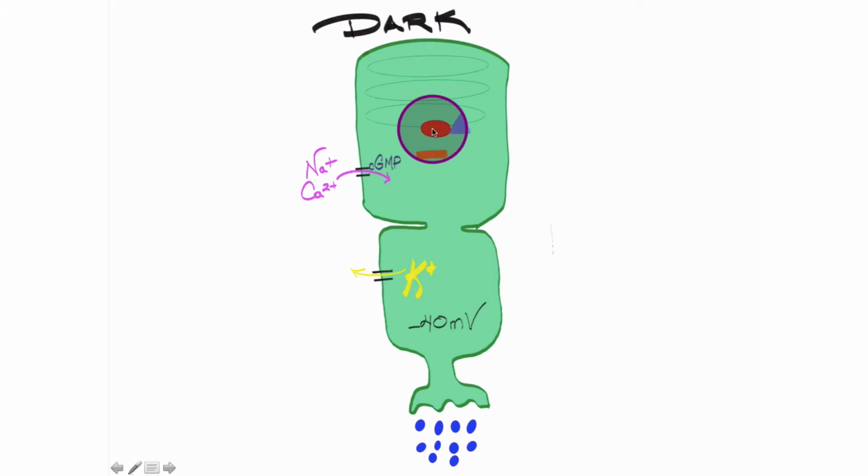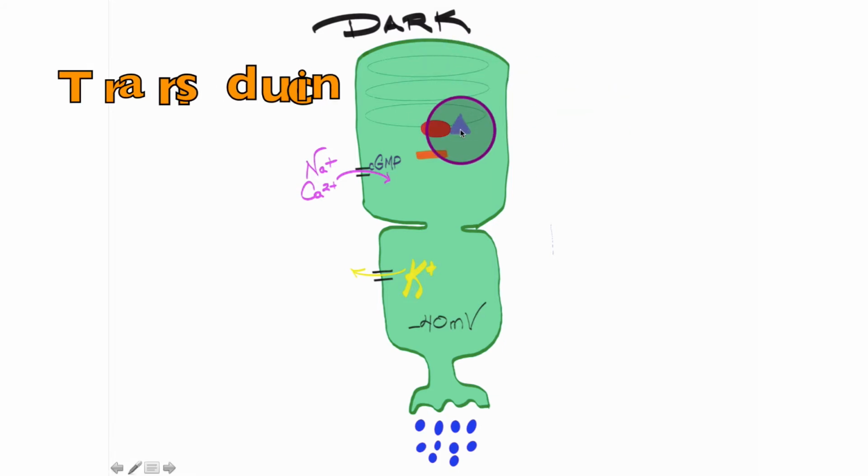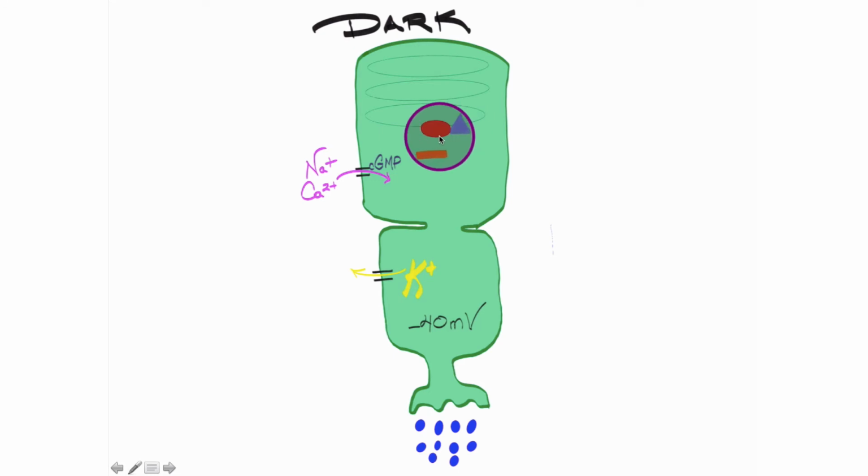Connected to that is this red structure known as transducin. Transducin is a G protein, which means this whole setup that I'm going to describe here involves a G protein linked receptor. This light receptor protein right here is the receptor, and transducin is the G protein.